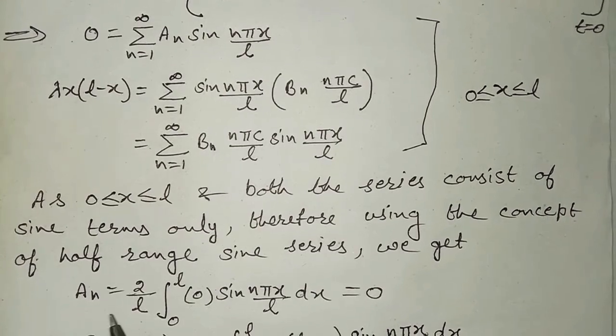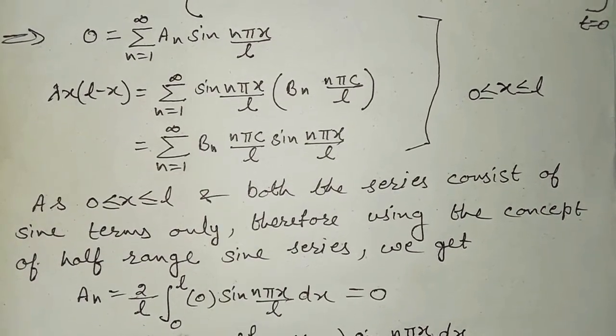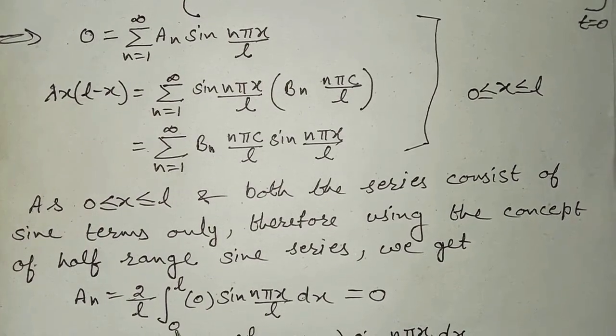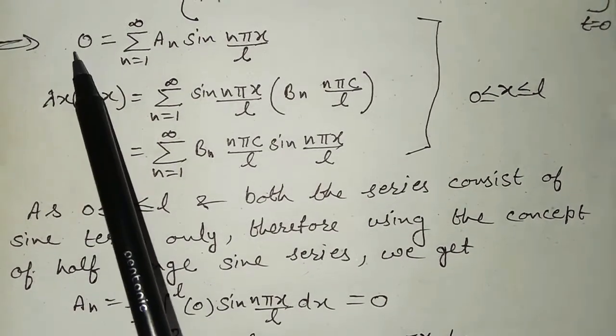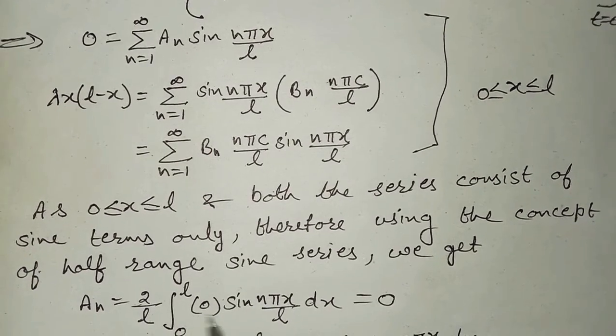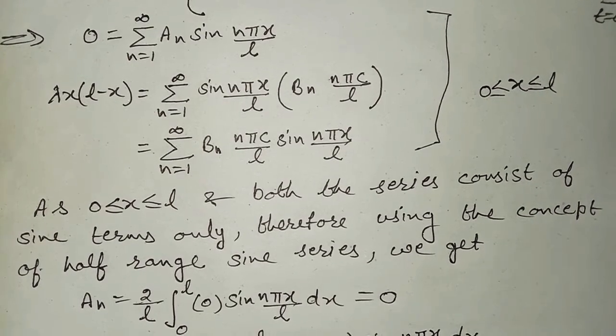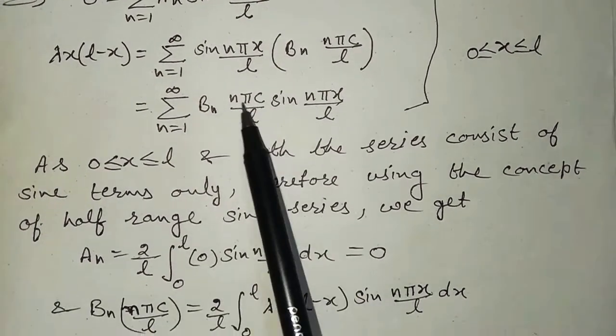So an is equal to 2 by l. From this first series, we get an is 2 by l integral 0 to l of 0 times sin n pi x by l dx, and this is equal to 0. So it means all an's are 0. Now come to the second series.